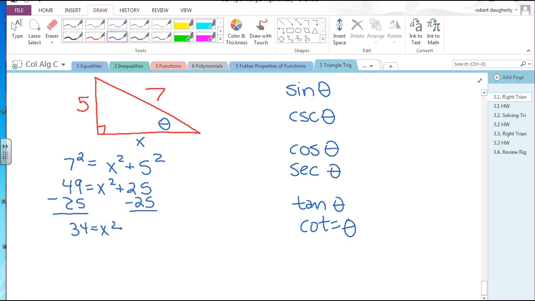So x is equal to what? The square root of 24. So this side is the square root of 24. So if I look at this angle, what's the definition of sine?